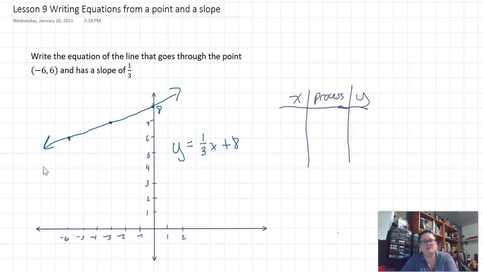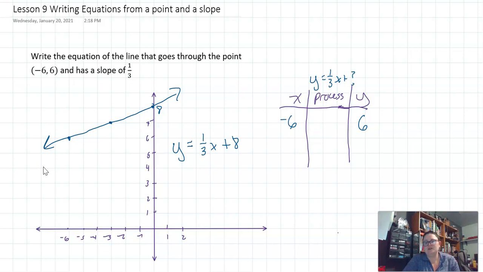So another thing you might do is remember, okay, I know how to make tables. If I put -6 as my input and 6 as my output, my process is starting with y equals 1/3 x. What we don't know is what you have to add to get the other part.